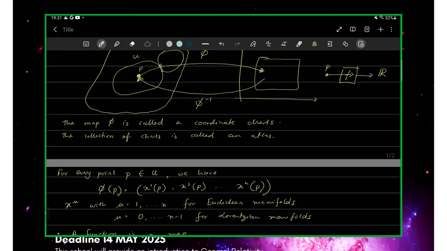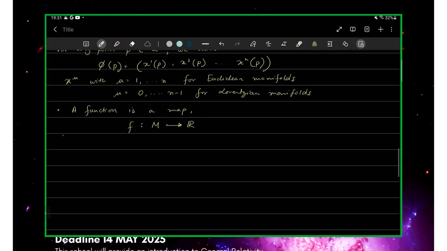Hence this machine essentially gives you the corresponding real number for each point on the manifold. So basically, this assigns a real number to each point on the manifold.